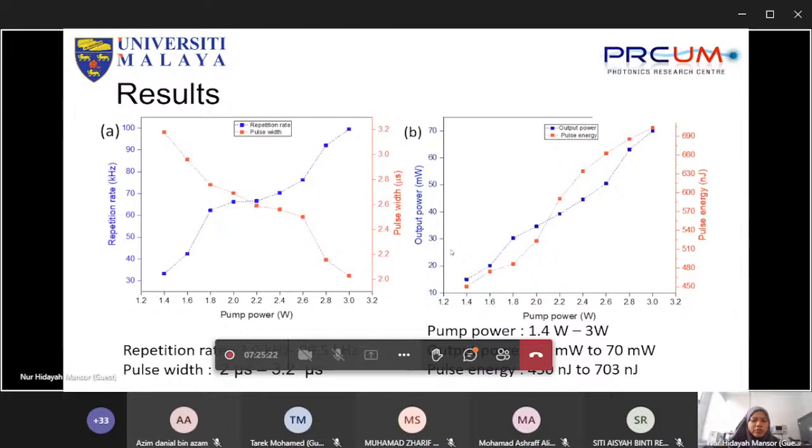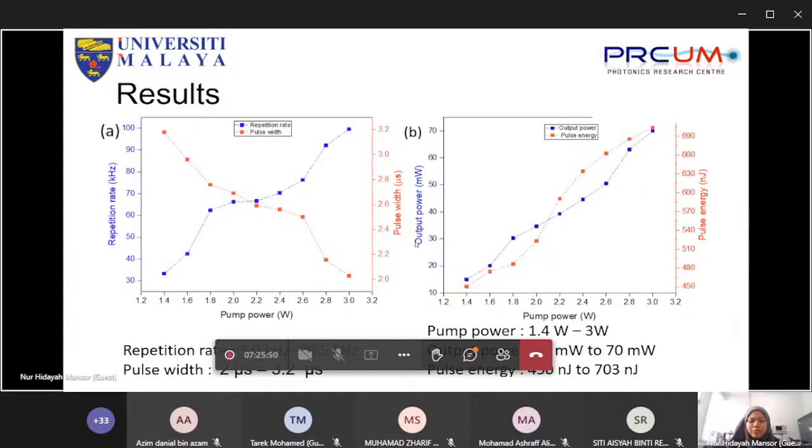And then we move on to the repetition rate and the pulse width. We know that the characteristic of the Q-switch is that with increasing pump power, we can get a higher repetition rate but a lower pulse width. So in this work, we get a maximum repetition rate of 99.5 kilohertz, and the pulse width is 2 microseconds, the minimum pulse width.